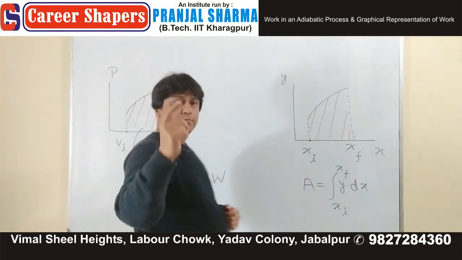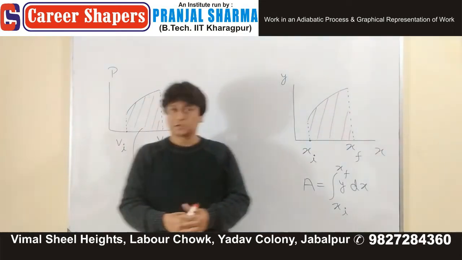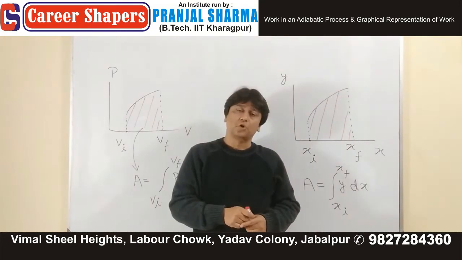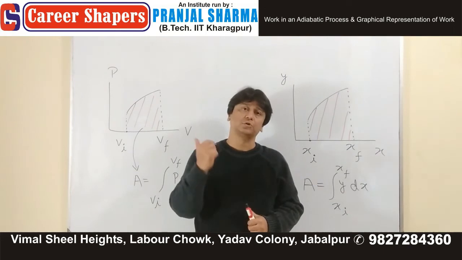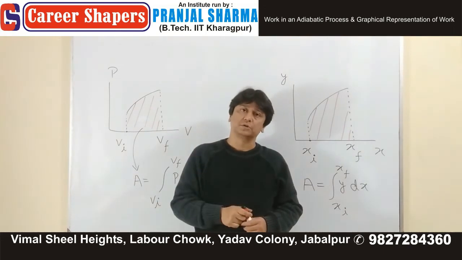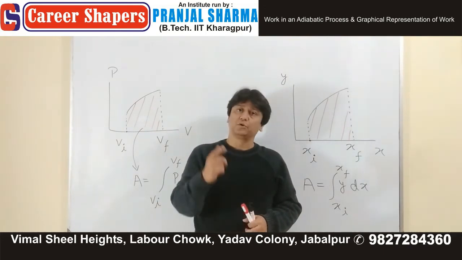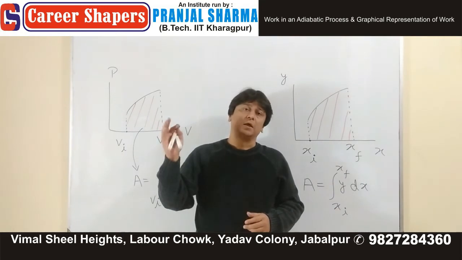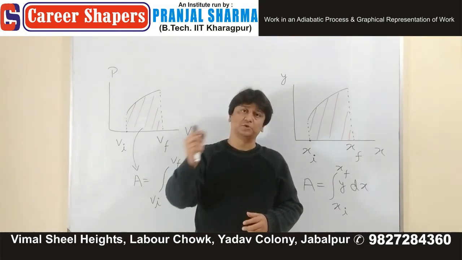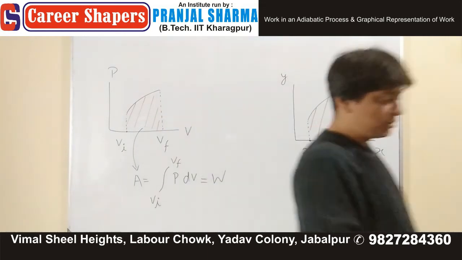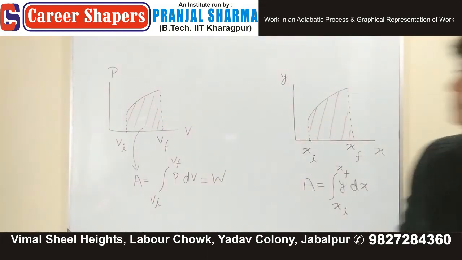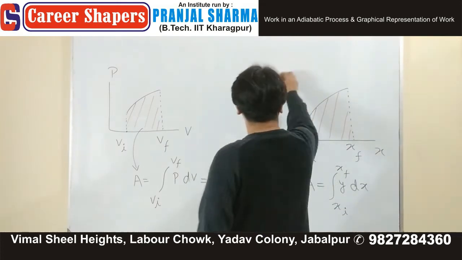So, first draw a P versus V graph for an isobaric process. I'll give you 30 seconds. In an isobaric process, volume is changing from V initial to V final and pressure is constant throughout, let's say P naught.